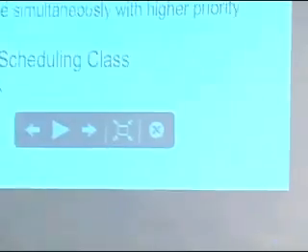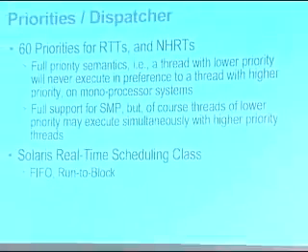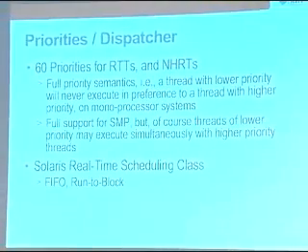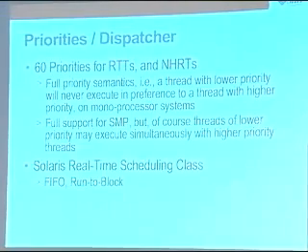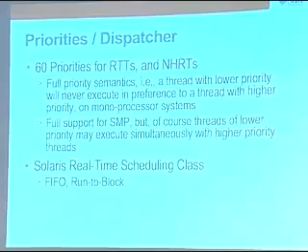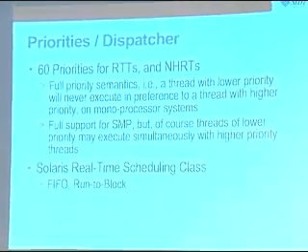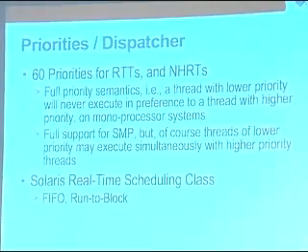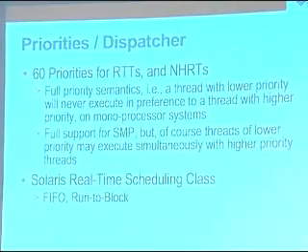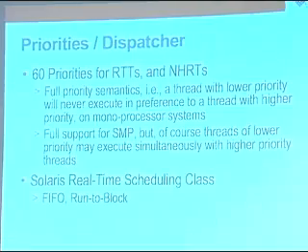Okay, now some details about the product. We have 60 priorities for both real-time threads and no-heap real-time threads in Java RTS. And these are full priority semantics. I mean, you can go to the bank on these things. They really, really, really work. Right? In regular Java, priorities are not guaranteed to work at all, even by the spec.